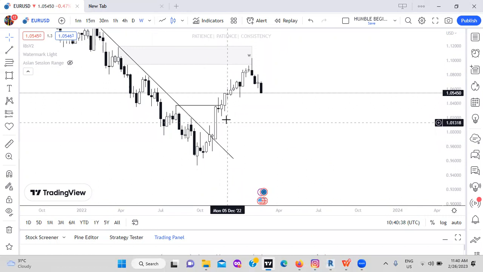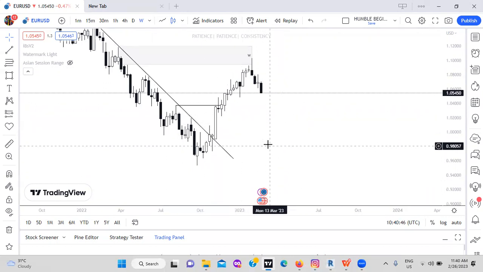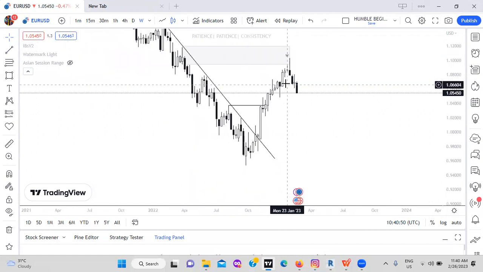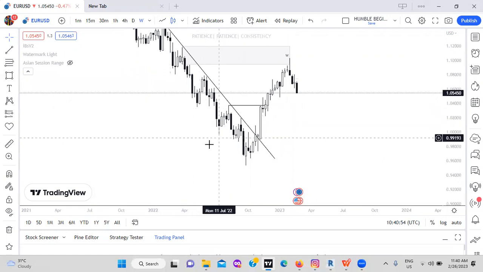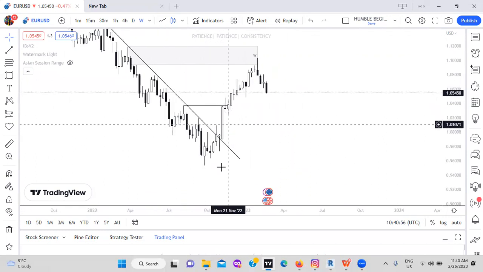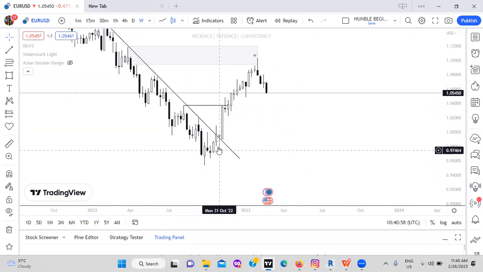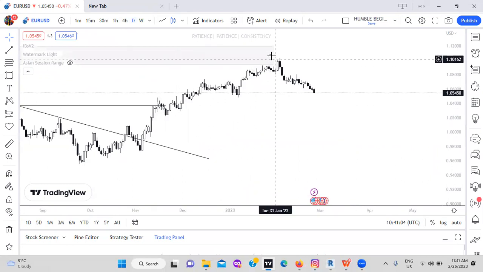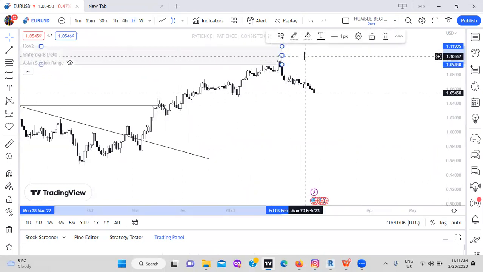For those of us who use fair value gaps, price could potentially be attracted to this zone. We could potentially see a deep pullback into the discount zone and then see a continuation, right? We don't know for sure. But for me, I would be looking for price to mitigate something in this zone, like an order block or something. Let's go down to the daily time frame real quick.